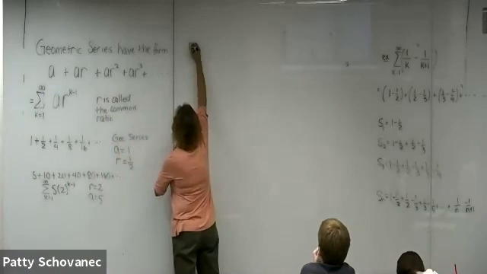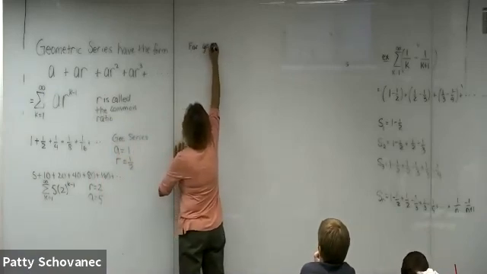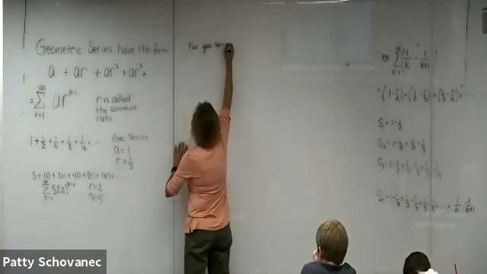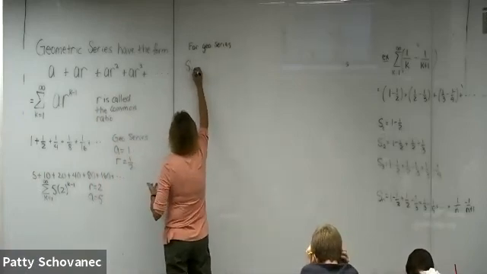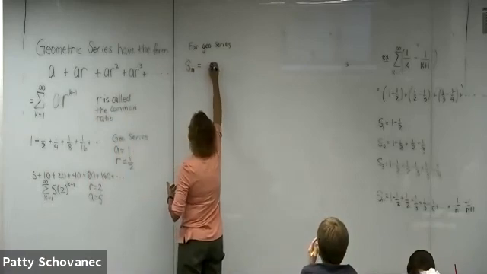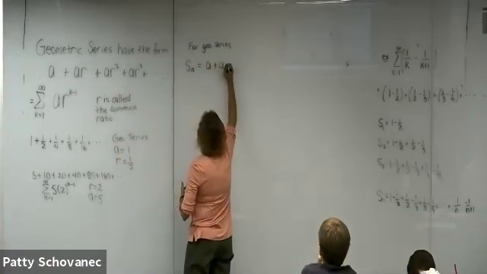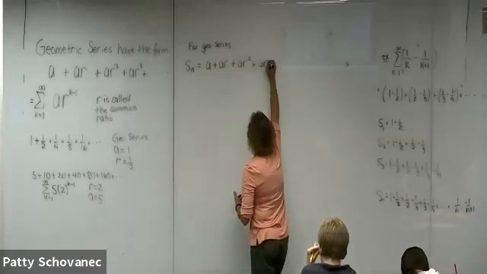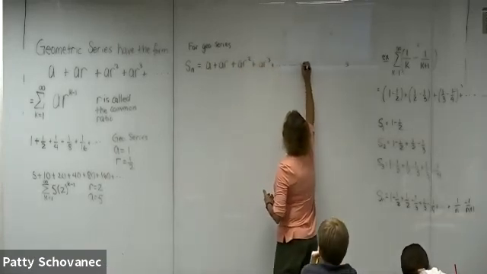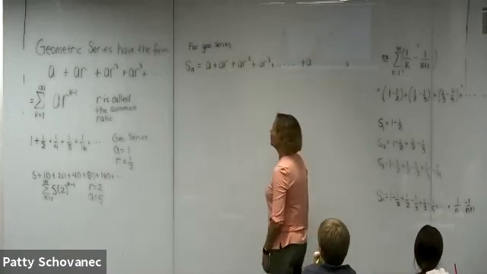So for the geometric series, Sn is going to be A plus AR plus AR squared plus AR cubed plus, well, what would the nth one be?